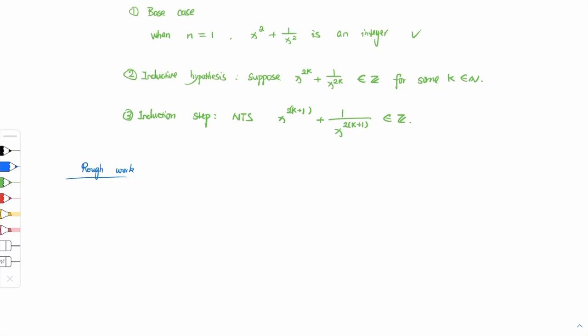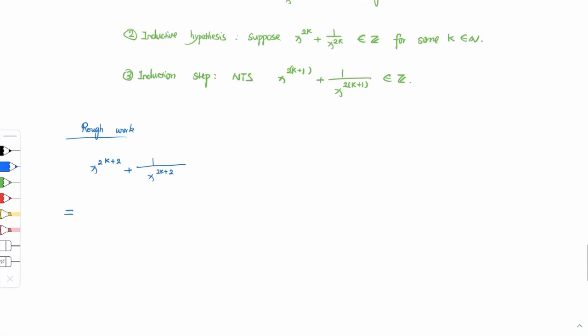So I want to show this is an integer, and again I want to write it as two integers added together, multiplied together, or subtracted from each other. So x to the 2k plus 2 plus 1 over x to the 2k plus 2. This is going to be slightly harder for everyone, I guess.